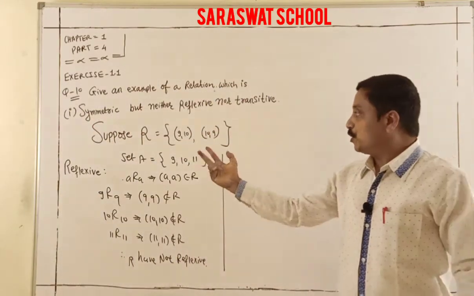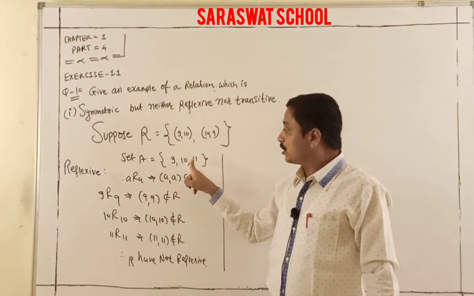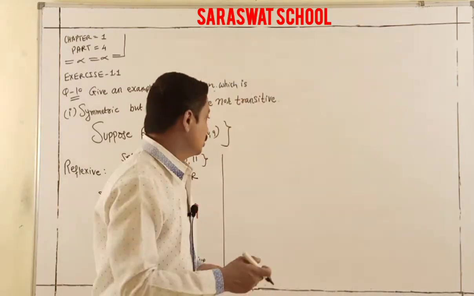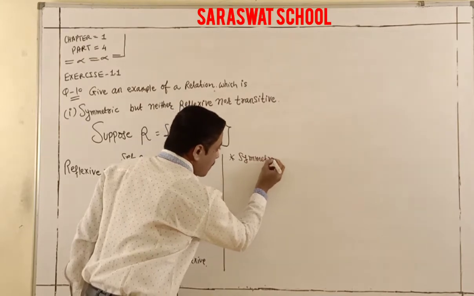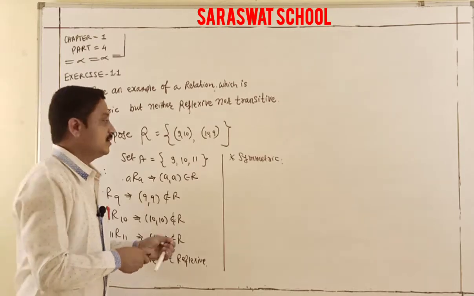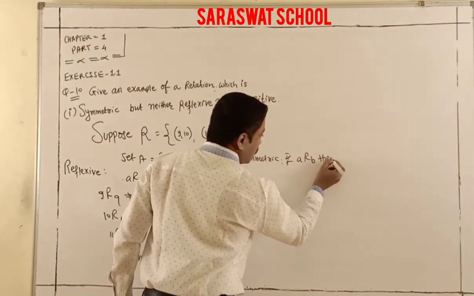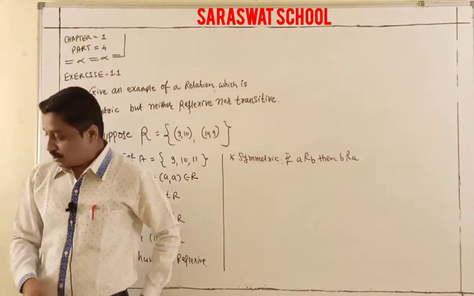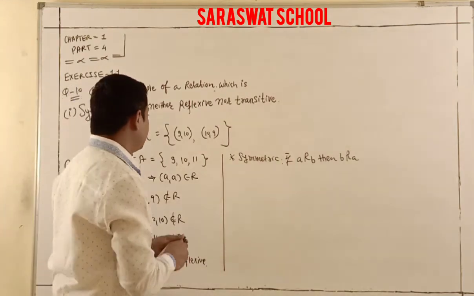Students, for symmetric I am taking only 9, 10 and 10, 9. It is true. I do not take the other number 11. So the rule is: a symmetric relation is one where if A relates to B, then B relates to A. Apply to 9, 10.